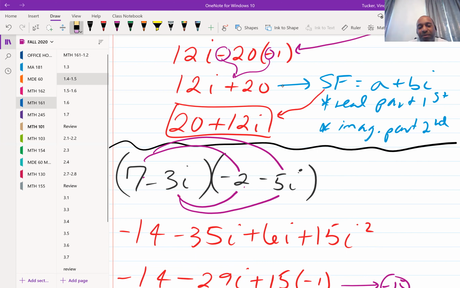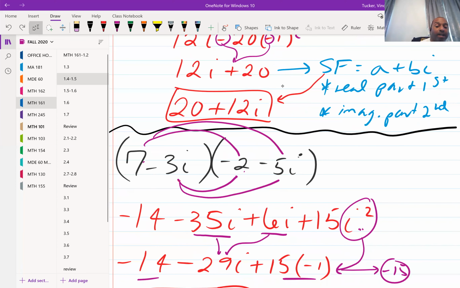-14 minus 35i plus 6i plus 15i squared is our result of that binomial distribution. So we'll combine our like terms in the middle: -35i plus 6i will give us -29i.